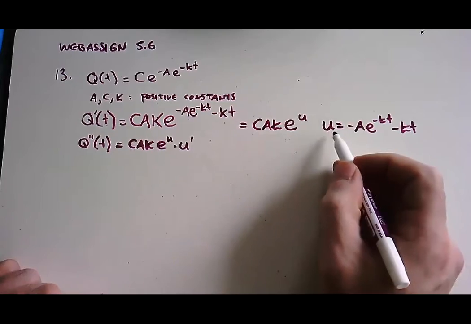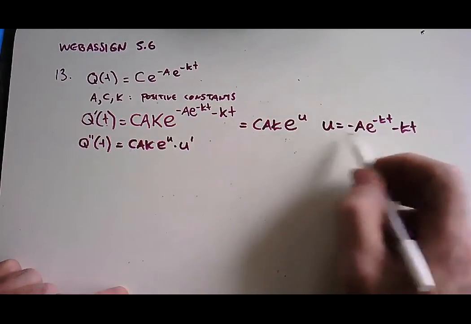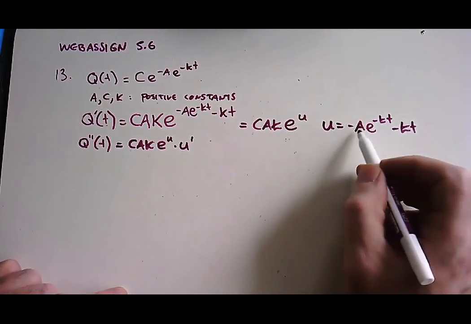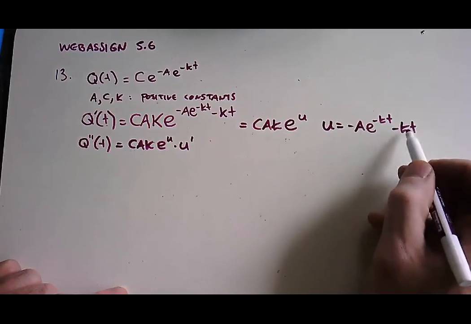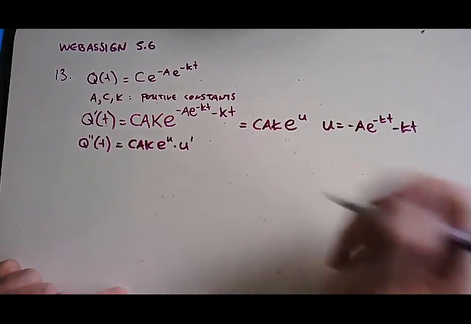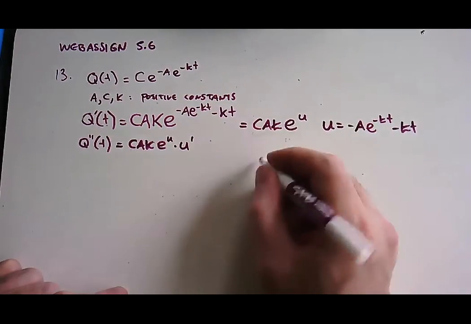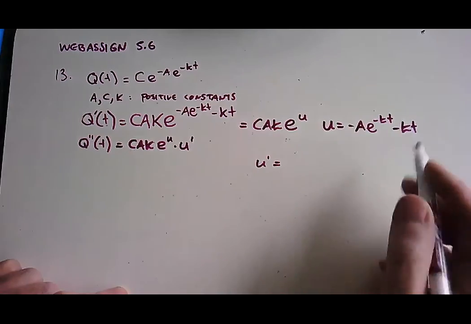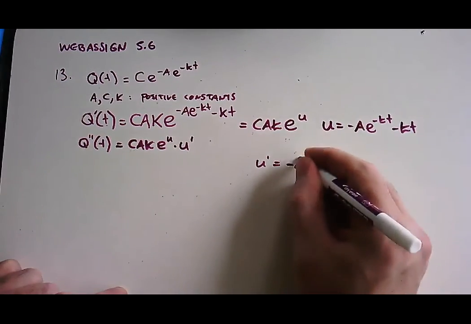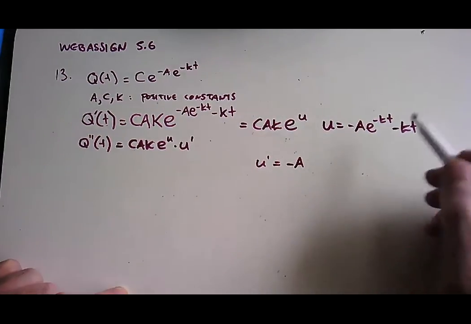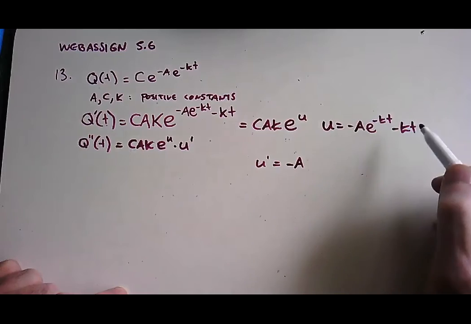So let's figure out what u prime is based on u being designated as negative a e to the negative kt minus kt. Okay, well, let's see, u prime. If we just go term by term here, we have negative a as a constant multiple. We have e to the negative kt.